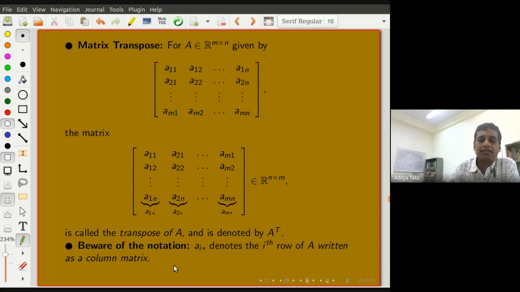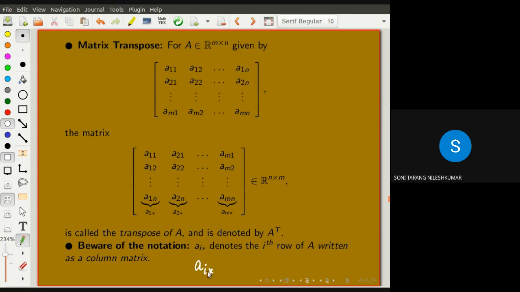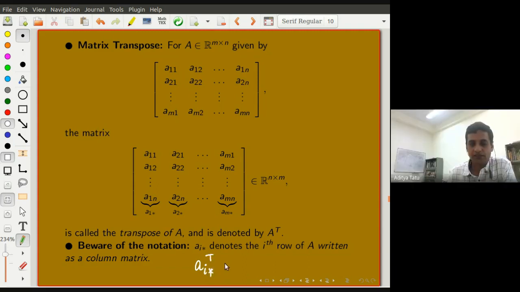If I want to write it as a row matrix, what should be the notation now? Anyone? It should be Ai star transpose. Exactly. This will be the ith row written as a row.